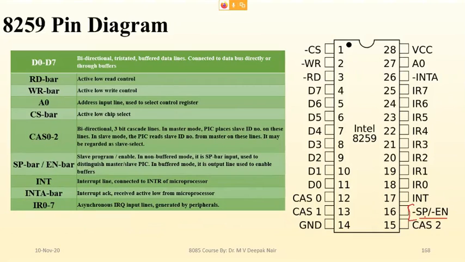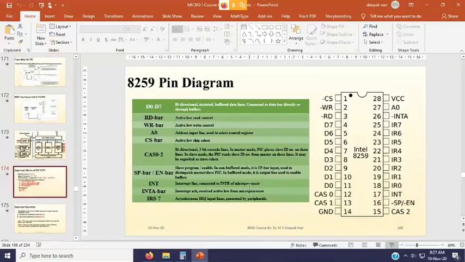This line will tell whether the connected device is working as a master or slave. SP means slave program. When this line is zero, that means this IC will work as a slave. This is one of the ways by which we can identify whether this particular IC is master or slave.